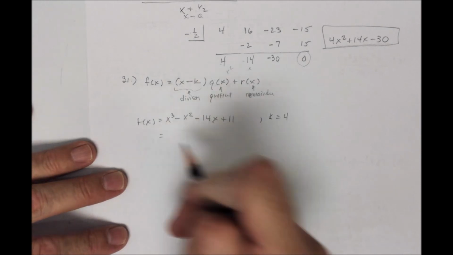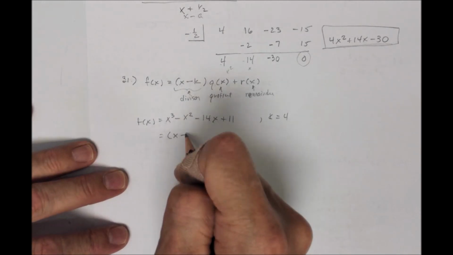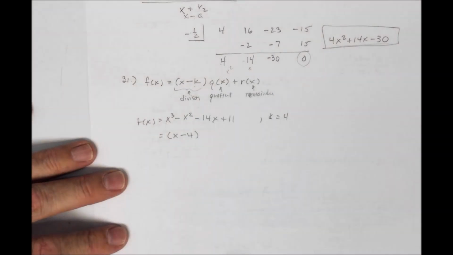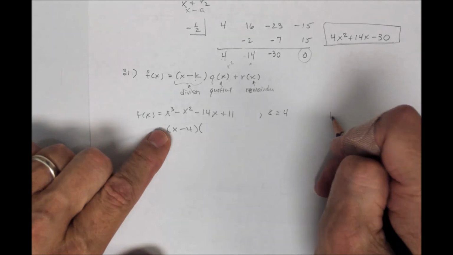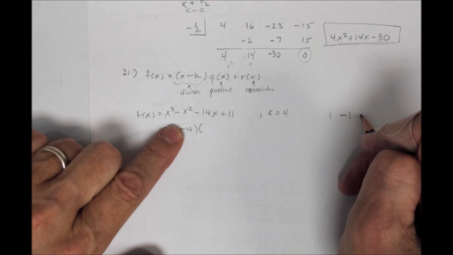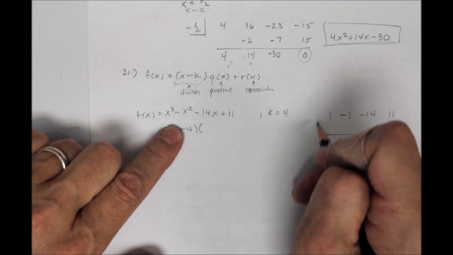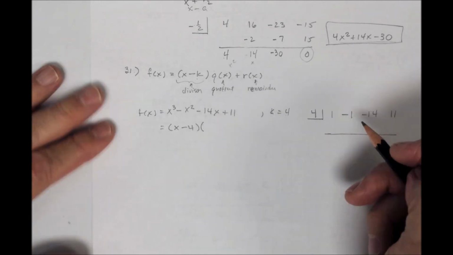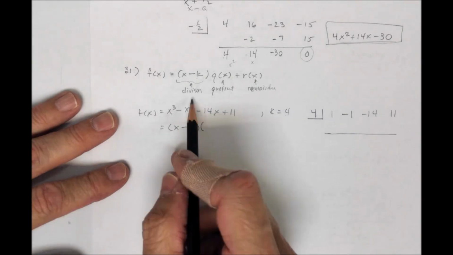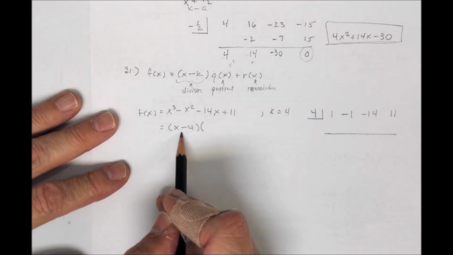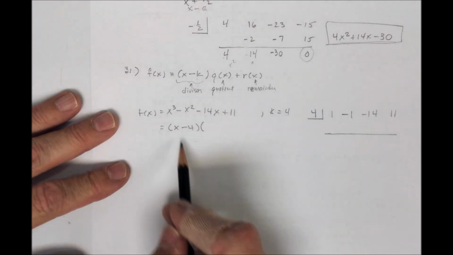We already know that this is going to be x minus 4 for the first part. I just have to get the rest of it. So 1, negative 1, negative 14, 11. 4 in the pocket, because you're dividing by x minus k. You're dividing by x minus 4. So the 4 goes there, opposite what it kind of looks like.